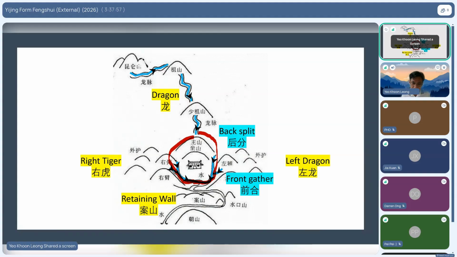That's why we must select a good supportive left dragon and a good supportive right tiger that is able to guide and channel the creation energy all the way to the front. To guide it, to protect it, and bring it to the front. So that's the purpose of the left dragon and right tiger.